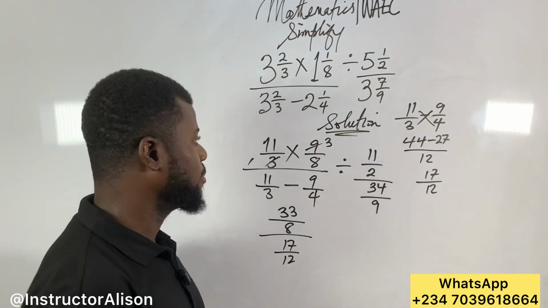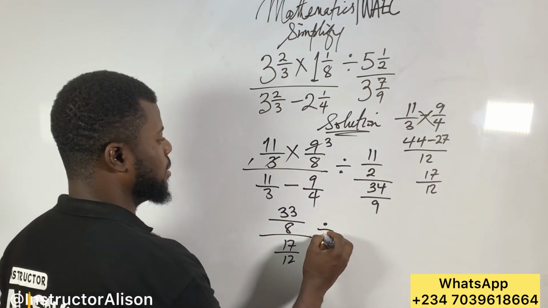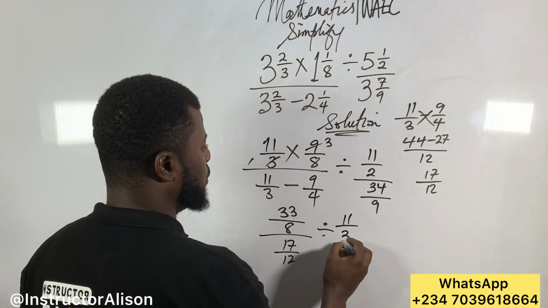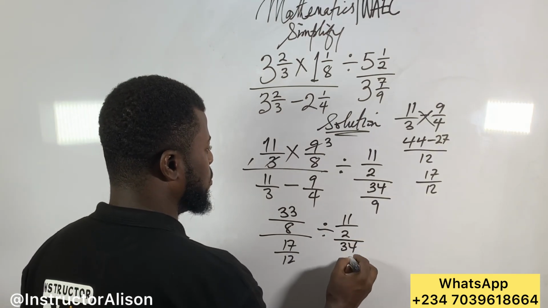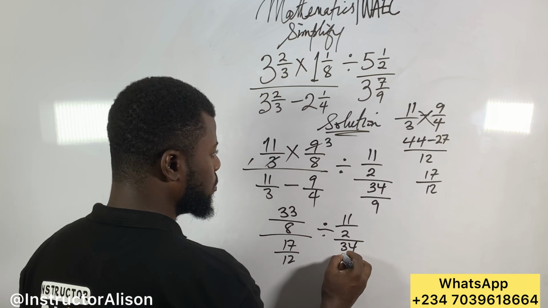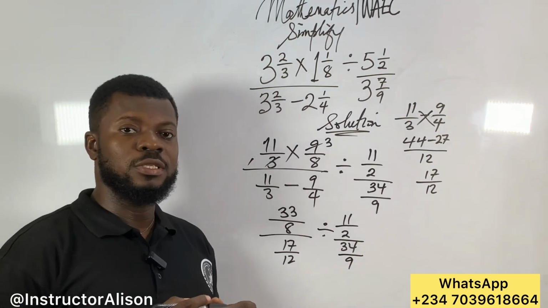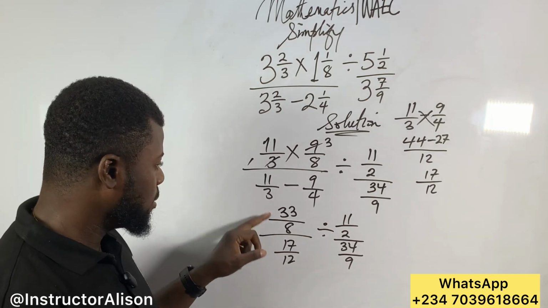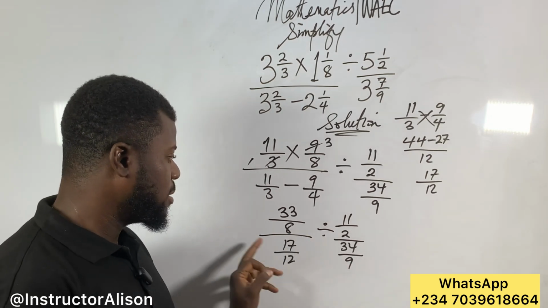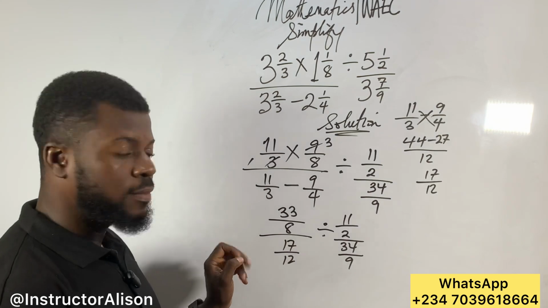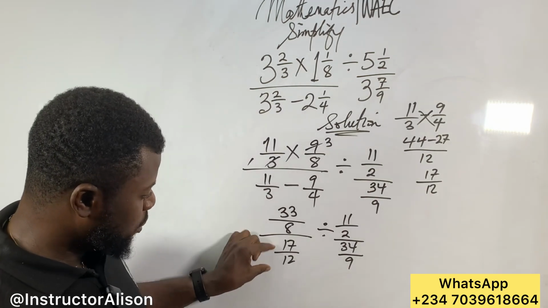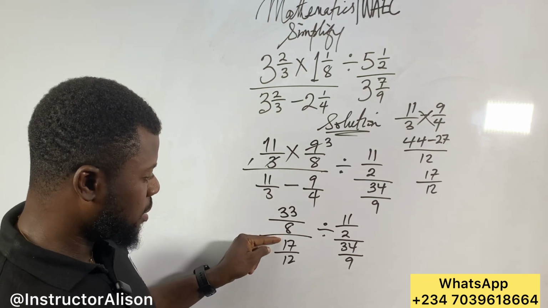Sharp. Now divide the same thing: 11 over 2 divided by 34 over 9. I will do one thing, one line I will use do. See, 33 over 8 divided by 17 over 12. This division I will change to multiplication, and immediately I change the division to multiplication, I go flip this one upside down. 12 will go up, 17 will come down.